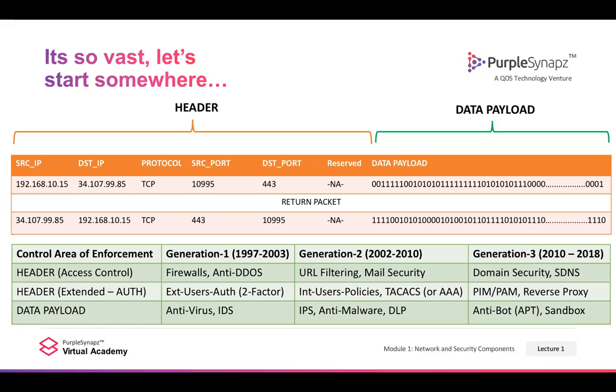By generation 2, the virus was no more an atomic problem. Multiple viruses used to exist together, or one virus was evolving itself in multiple ways to enter. Let's say the same virus will enter via email and also through a doc file.